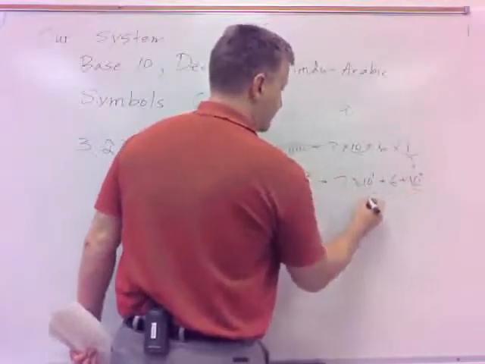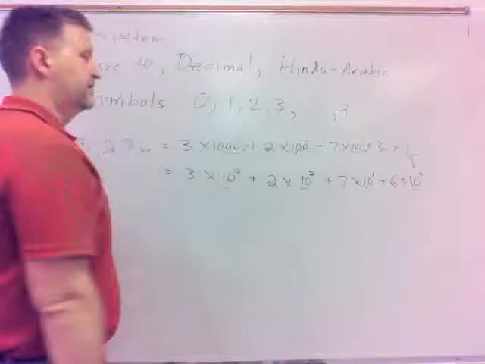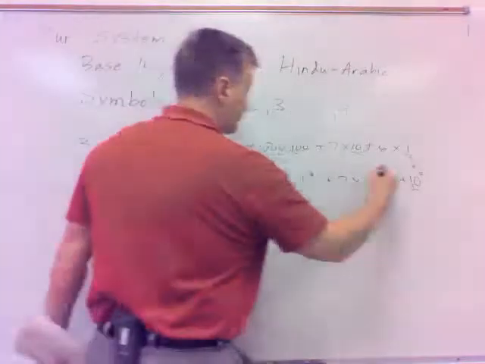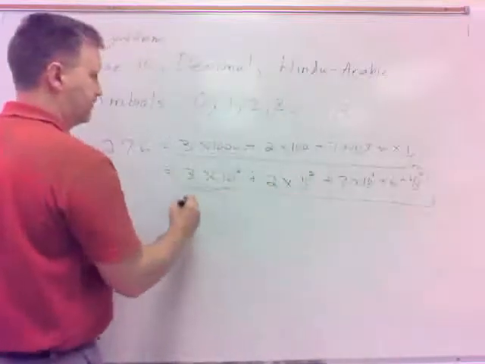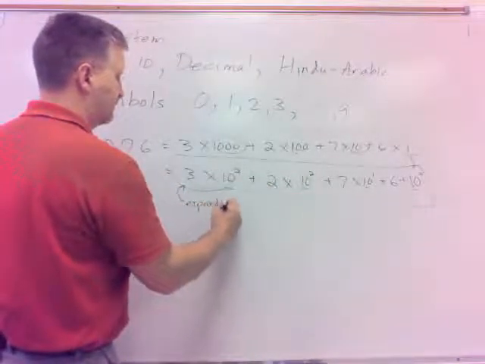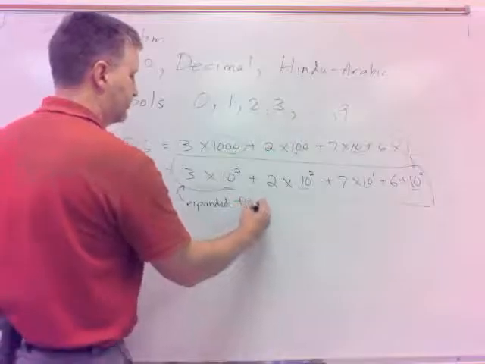So the reason we call our system base 10 is because when we expand our numbers, each number there is multiplied by a power of 10. So hence we call it the base 10. And this is what we'll refer to as the expanded form of our number.